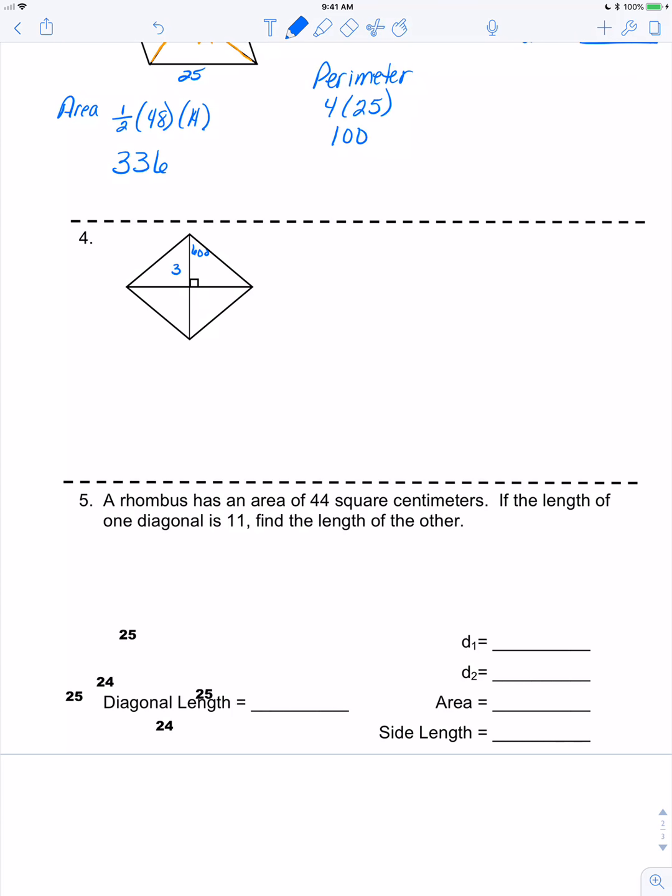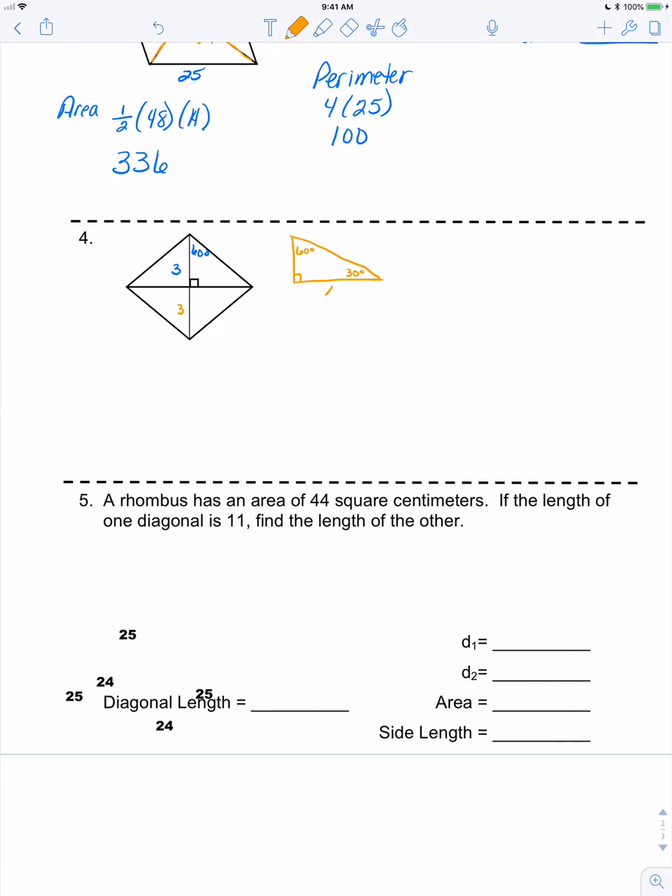Okay, on this one, we are told that we have a 60-degree angle inside here and that we have one side length that's 3. So let's just start filling in other information that we automatically would know. So this has to be 3 also. Now we can use our formulas for a 60-degree triangle, 30 degrees on the other side.